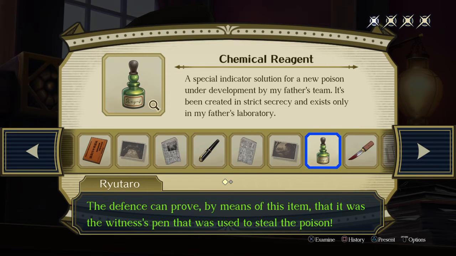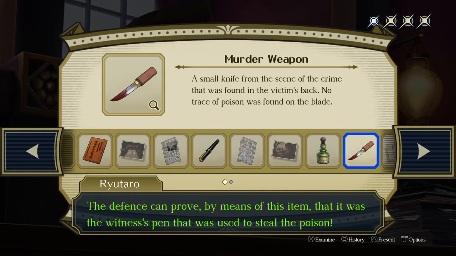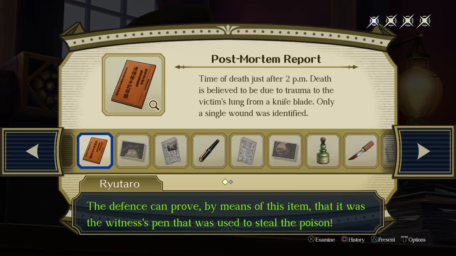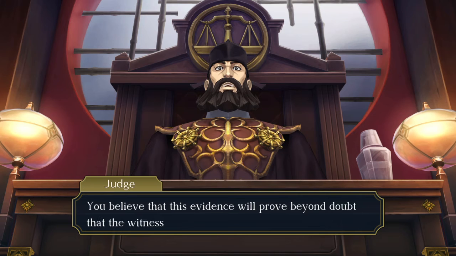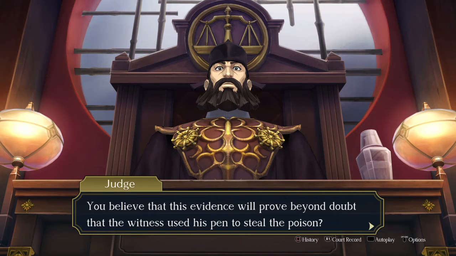Because we can test the pen to see if it had poison left in it, which he doesn't know about because that part was kept in strict secrecy. But yeah, let's just throw out something that we know is wrong, because the wrong dialogue answer can sometimes be pretty amusing.